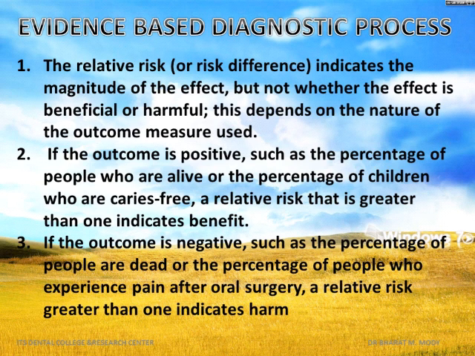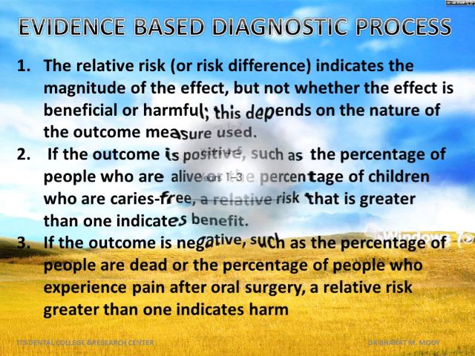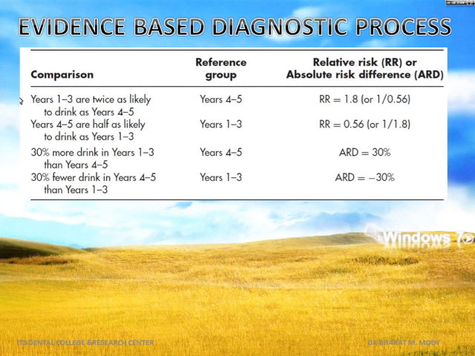If the outcome is negative, such as the percentage of people who are dead or who experience pain after oral surgery, a relative risk greater than 1 indicates harm. So whether it is beneficial or harmful depends on your research design, and evidence-based practice really looks for that.